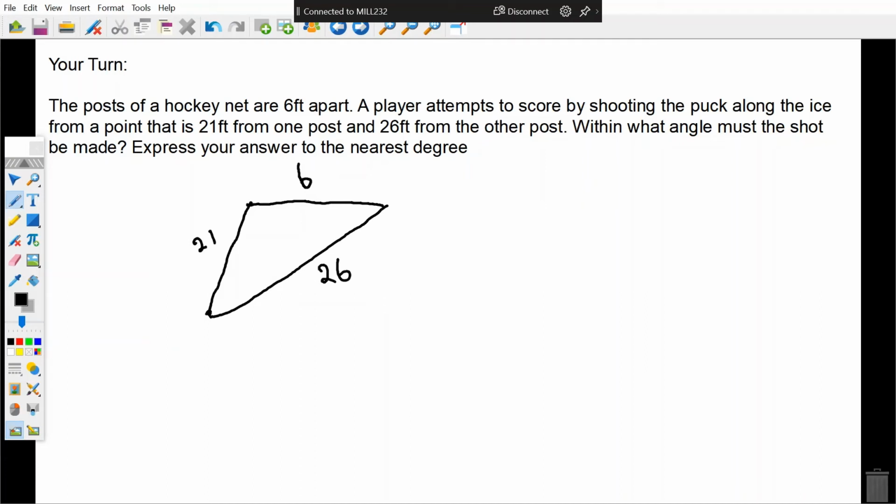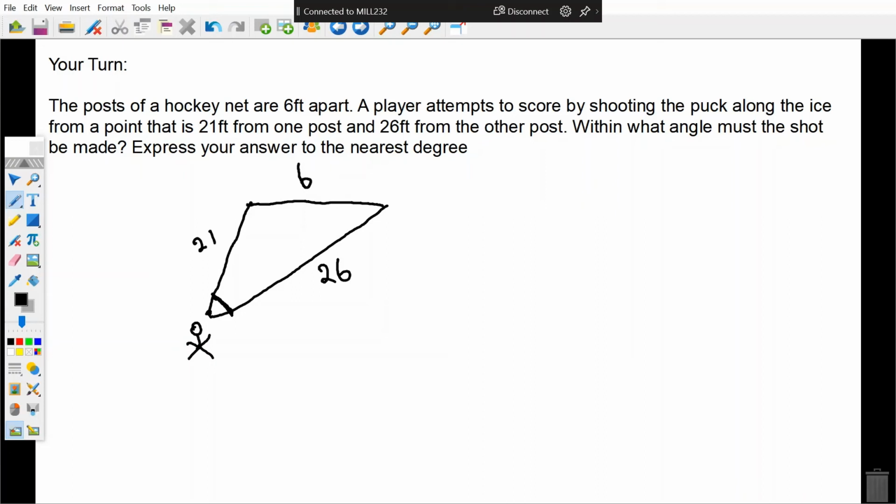And here's our hockey player right here. Within what angle must the shot be made? So we are looking for this angle right here. Within what angle must he shoot in order to hit the net?